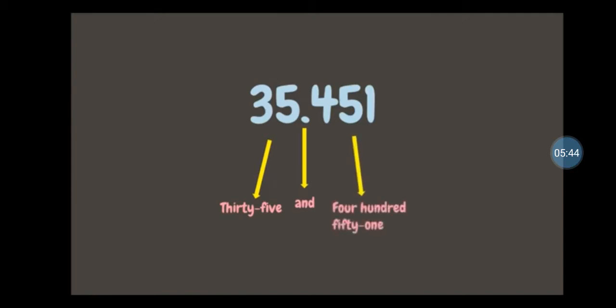As we have so many methods that how we can read the decimal number, but the exact way to read decimal numbers is as the whole number can be read as 35, the decimal point as and, and the decimal part as 451, and the place value of the last digit, that is 1, it is thousandth.